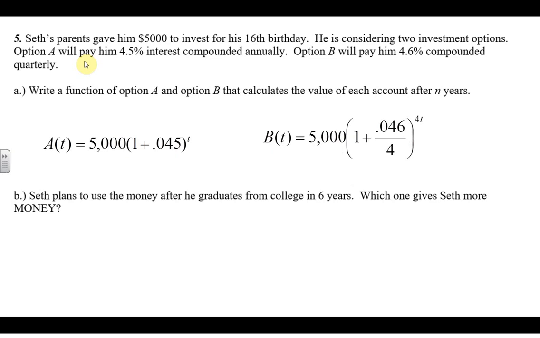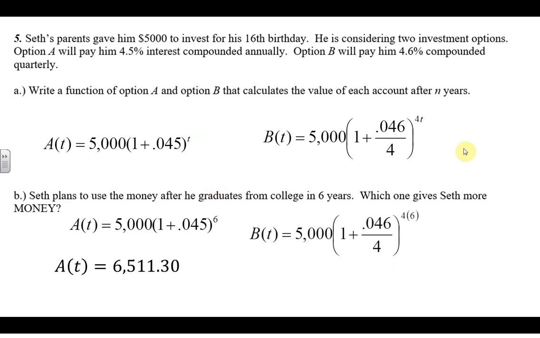The first example, you're using the basic formula. The second example, you have to account for compounding 4 times per year. So that initial interest rate is being divided by 4, and then it's happening 4 times per year. The reason we use the basic formula on the first one is that annually means 1 time a year, so you'd divide by 1 times 1, you don't need it there.